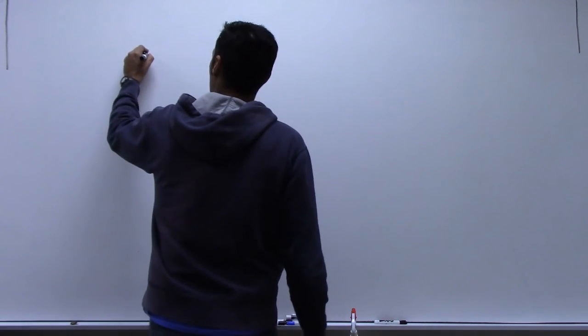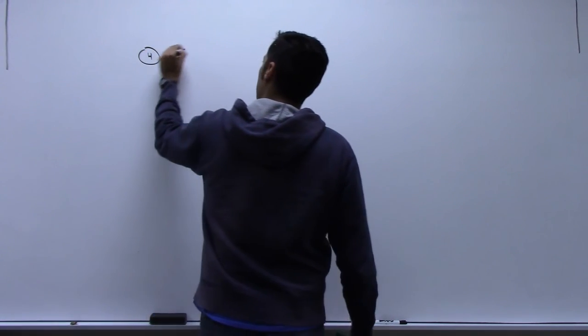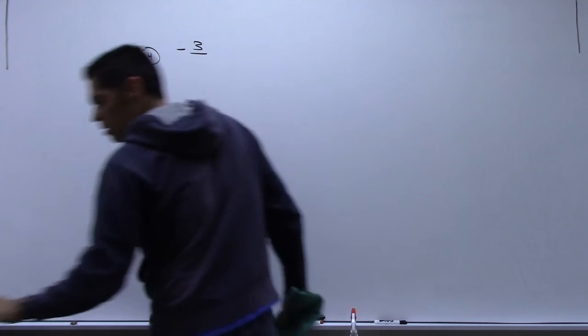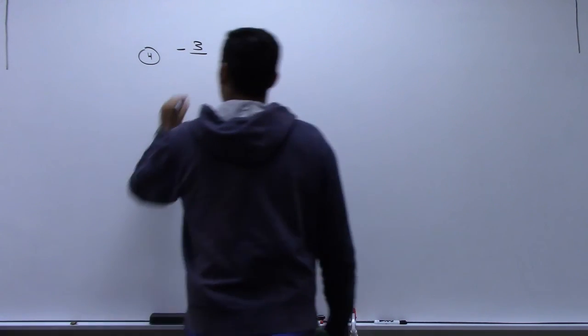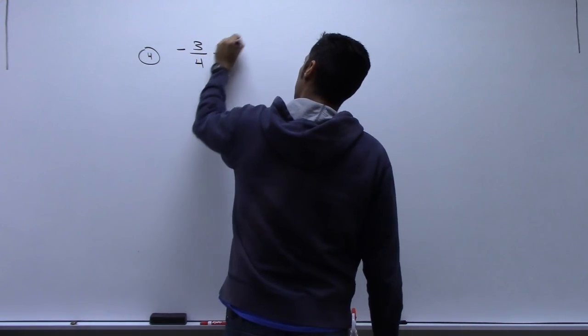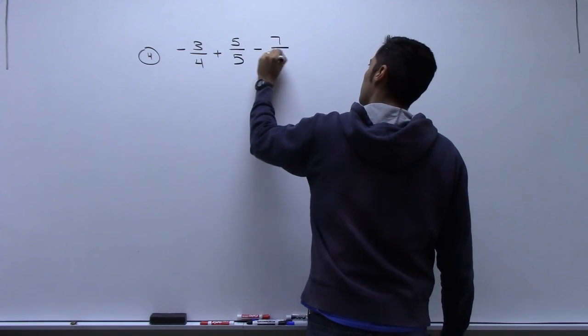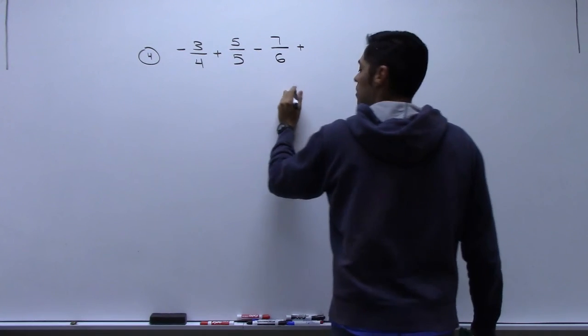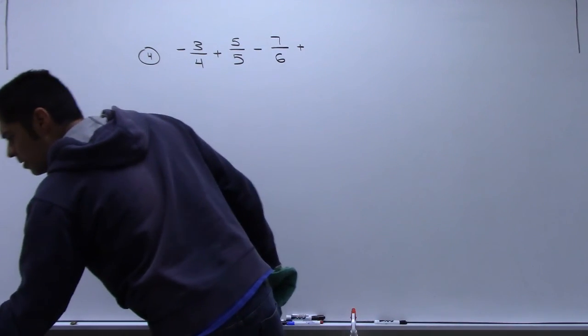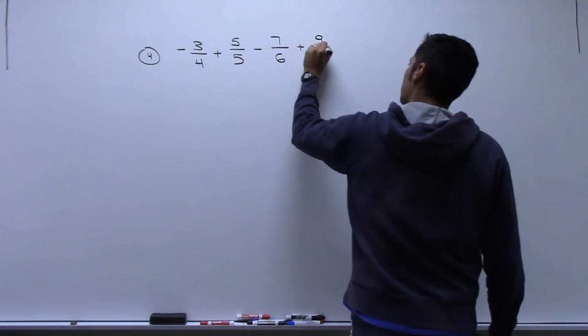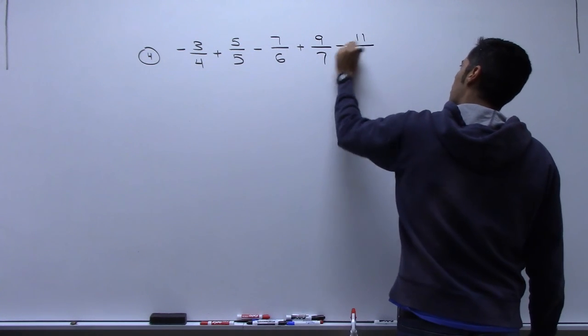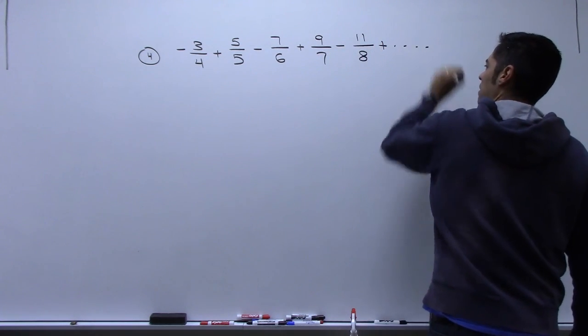So number 4, it's negative 3 over 4 plus 5 over 5 minus 7 over 6 plus 9 over 7 minus 11 over 8 plus dot, dot, dot.